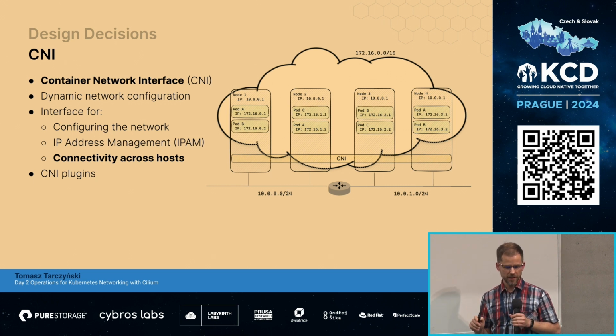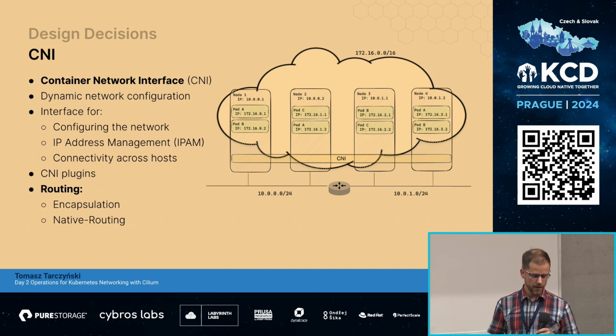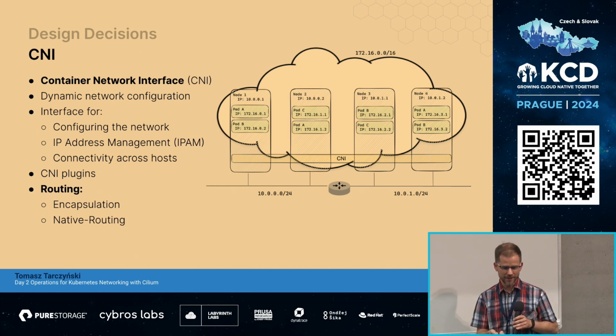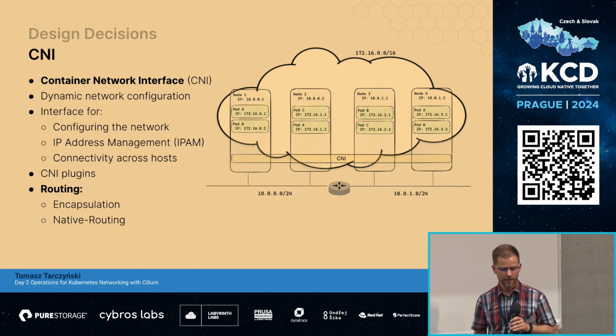How is this implemented? It's done by the CNI plugins. You can choose among those, and they take care, apart from the IP address management, also of routing. So how this connectivity is actually implemented. We will look into that a bit more in a moment.